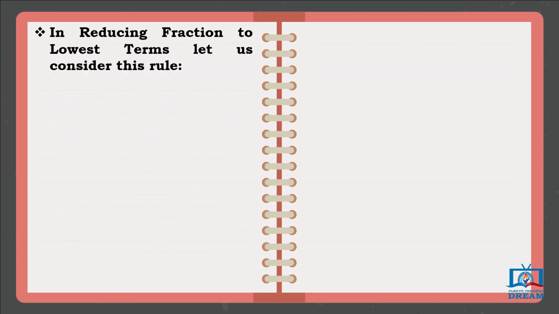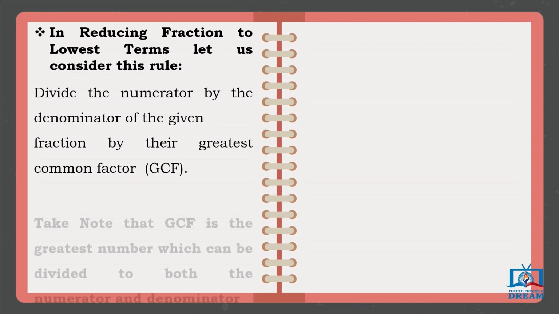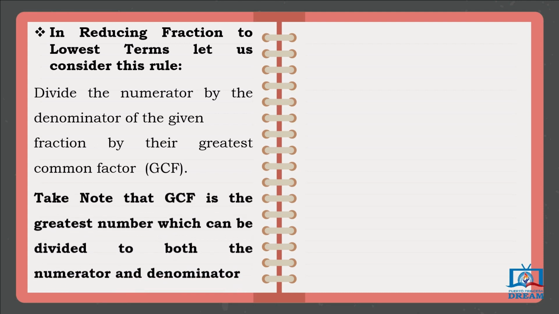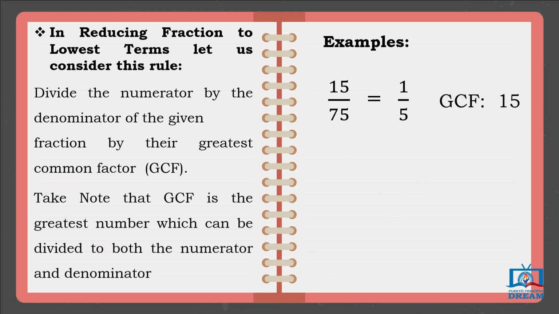In reducing fraction to lowest terms, let us consider this rule. Divide the numerator and the denominator of the given fraction by their GCF, or their greatest common factor. Take note that GCF is the greatest number which can be divided to both the numerator and the denominator. Let's consider these examples. 15/75 is equal to 1/5.